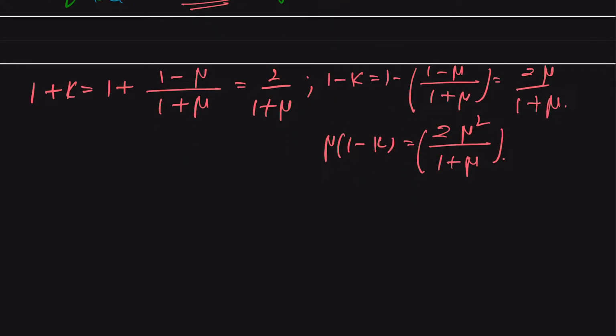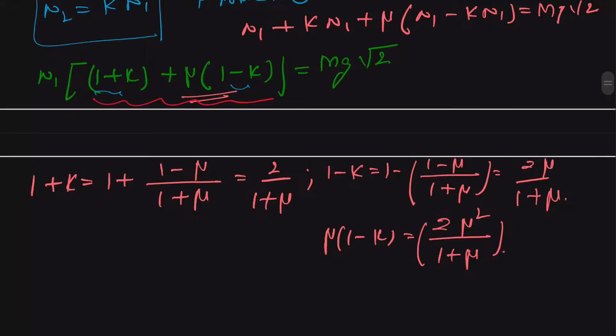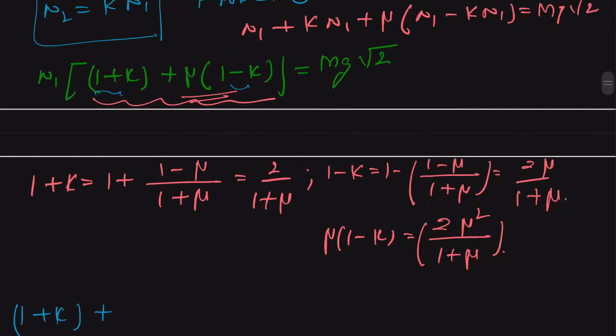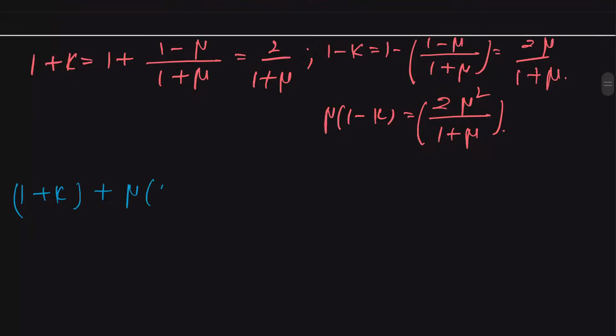Then we write this complete expression: (1 plus k) plus mu (1 minus k) comes as 2 upon 1 plus mu plus 2 mu square upon 1 plus mu.